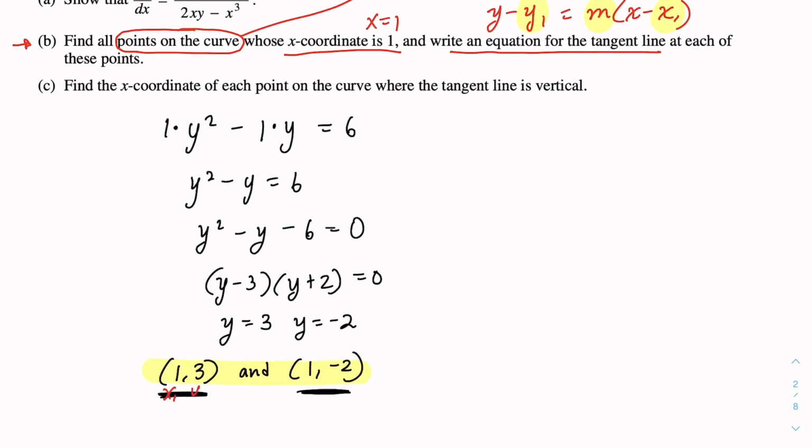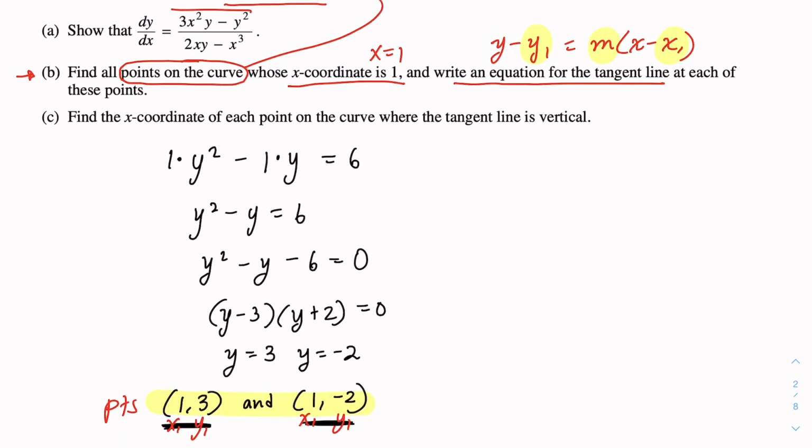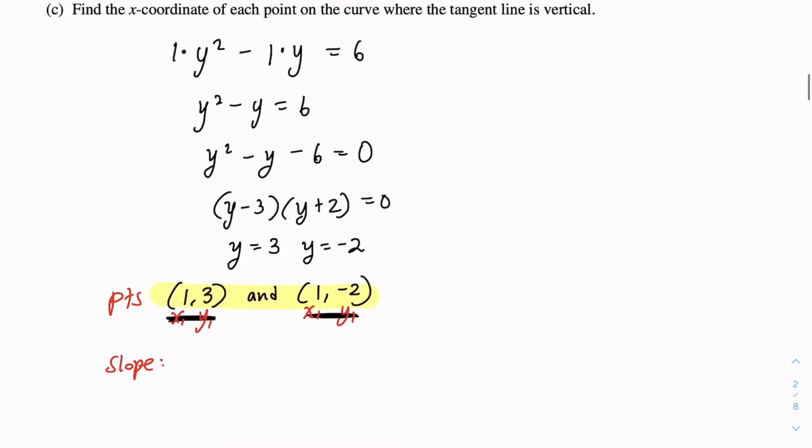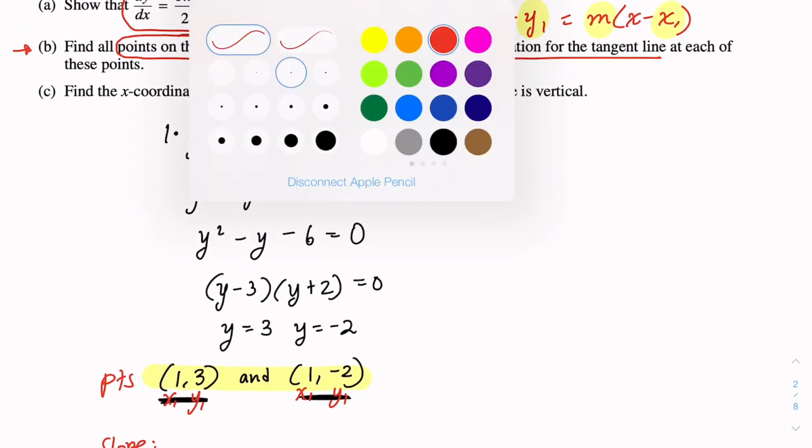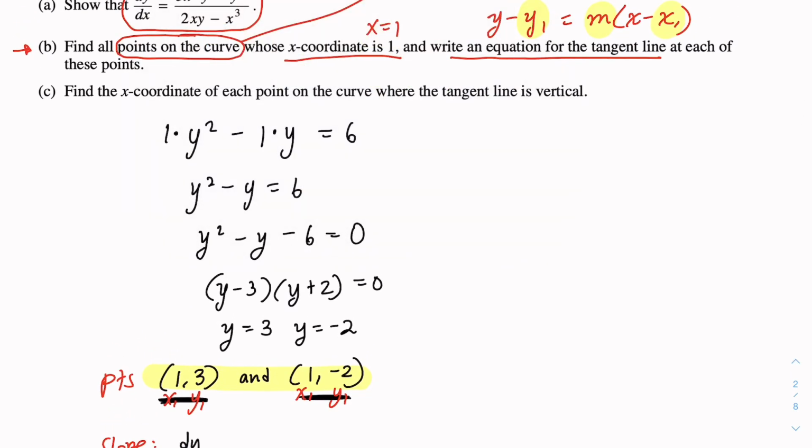This is like x1, y1. And now we just need the slope to plug in. So I have my points. To find my slope, I'll be dealing with the derivative. So at these different points, realize that the slopes can be different. Since the slope is given by the derivative, I'll plug in our first point and see what the slope is there.